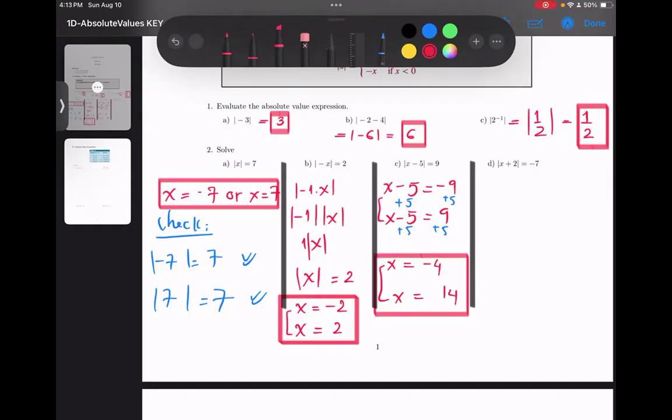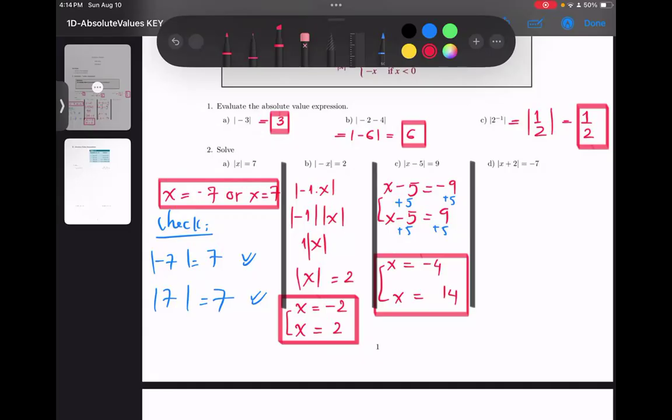What do you think? Part D: the absolute value of x plus 2 equals -7. First of all, is it possible? Remember, the left-hand side represents distance. Can distance be negative? No, so we say no solution. Whatever x value you plug in, it is going to be positive.